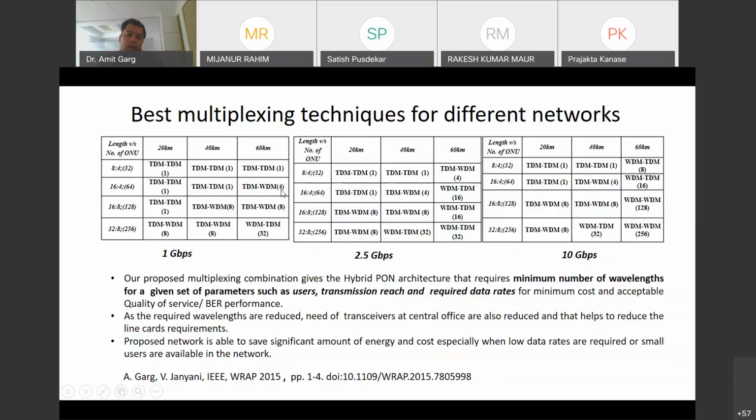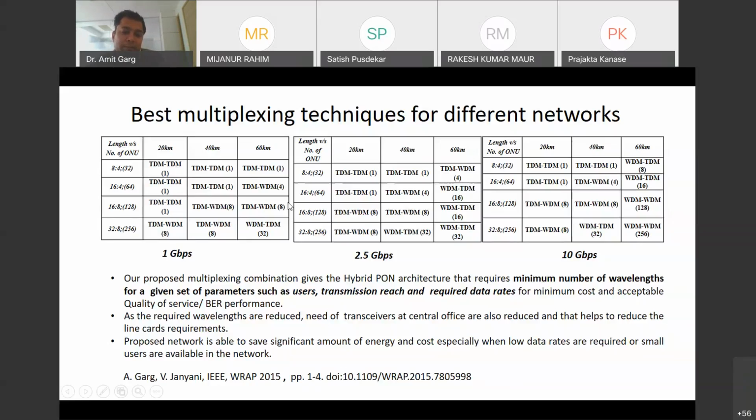If we employ TDM PON here, then we will not be able to receive the minimum required receiver power at the receiver. Similarly, if we are increasing the number of users and distance, for 1 Gbps we need to employ the WDM TDM PON.